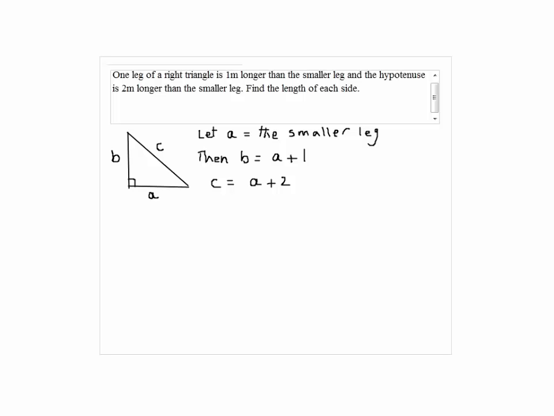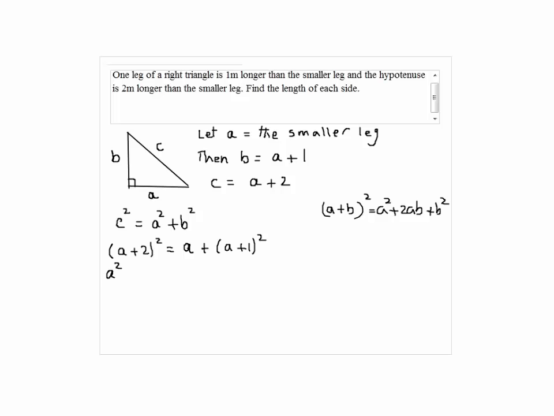So the Pythagorean theorem says that we have c squared is equal to a squared plus b squared. In this case, our c is a plus 2, and our a is a, and our b is a plus 1 squared. We recall a plus b squared is equal to a squared plus 2ab plus b squared.